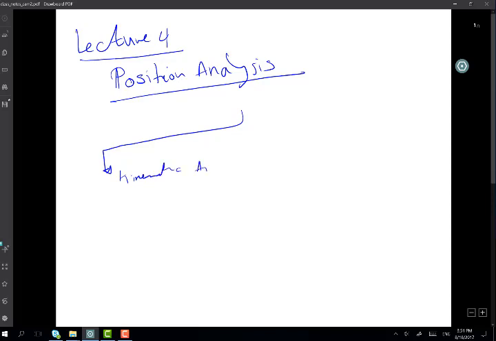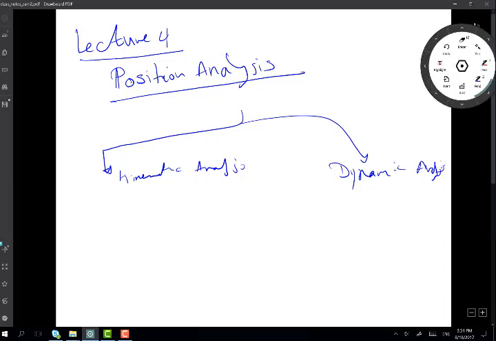Kinematic analysis or dynamic analysis. The kinematic analysis is concerned more with the geometry of motion. So how the motion is performed, with the rotary and sliding, how the links are connected together, and what sort of constraints are applied.